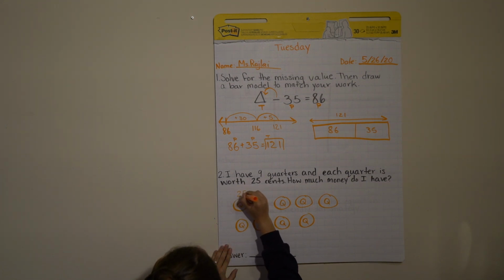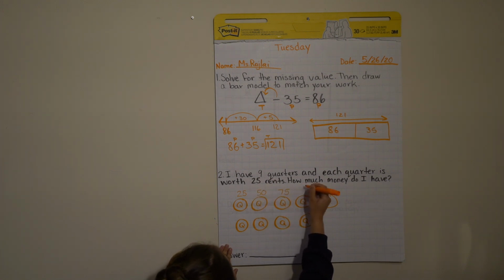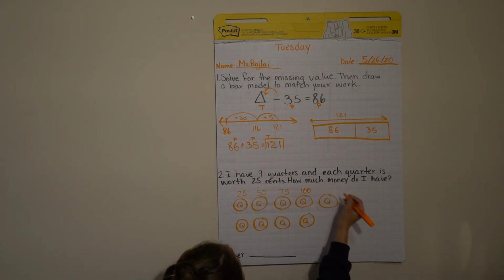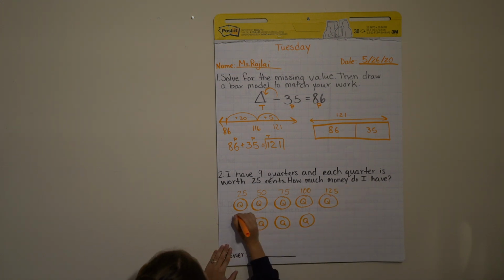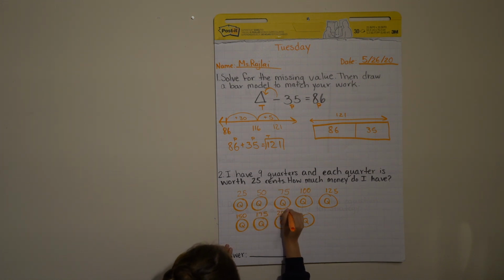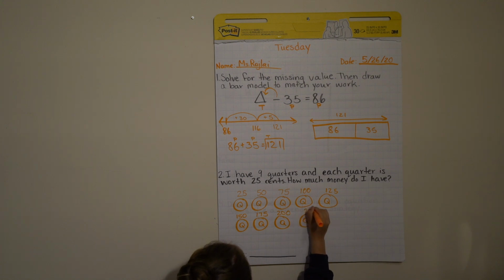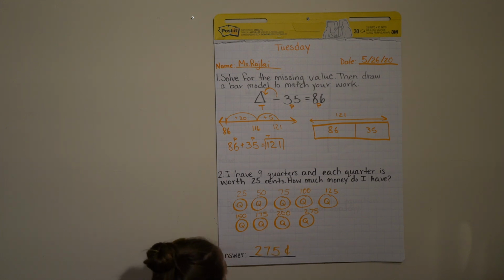So 25, 50, 75, 100, 125, 150, 175, 200, 275. So I have 275 cents.